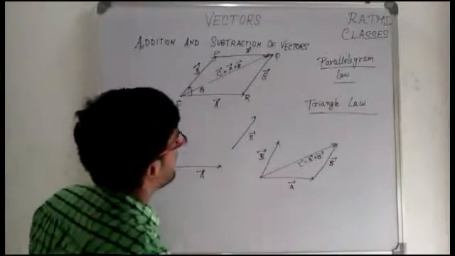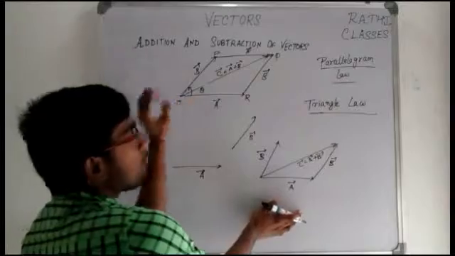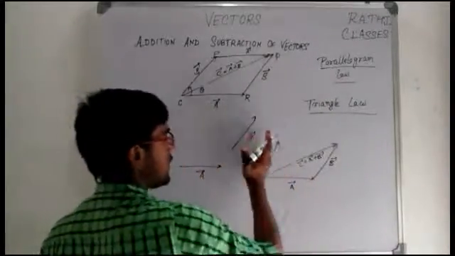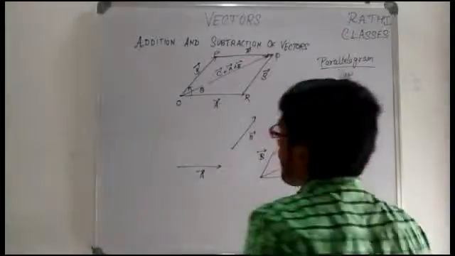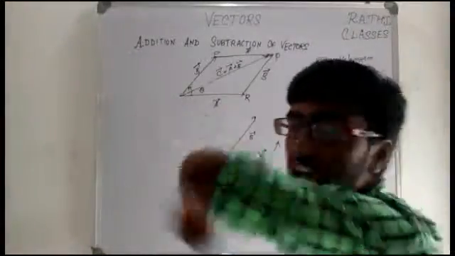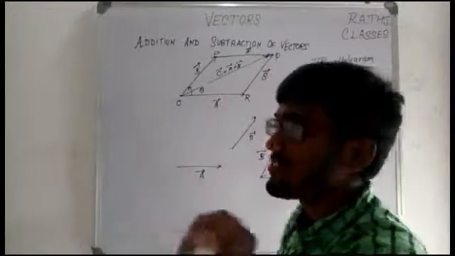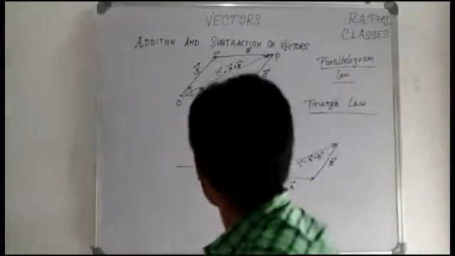This is the triangle law of vector addition. The triangle law and the parallelogram law are almost the same, just we replace this here and replace this here, right? So these two laws were for the geometrical method to get the resultant of two vectors A and B.